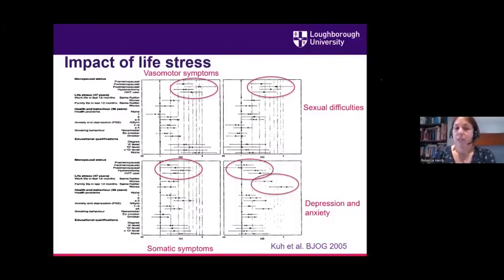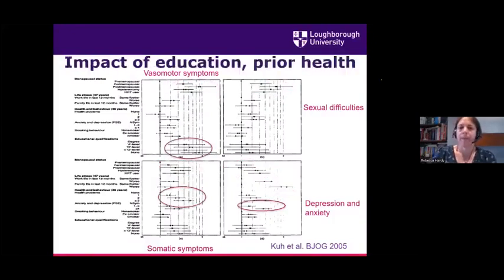For those psychological symptoms, concurrent life stress, either at work or in family life in the last 12 months, seems to show a big increase in risk of those psychological symptoms. And then looking at some of these prior characteristics that we looked at, so prior anxiety and depression, prior health problems, smoking behaviour and educational qualifications, we can see that those with lower levels of education were at higher risk of vasomotor symptoms, so the hot flushes.